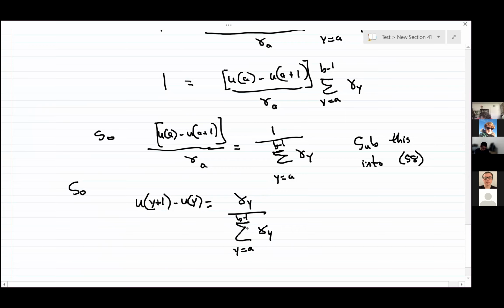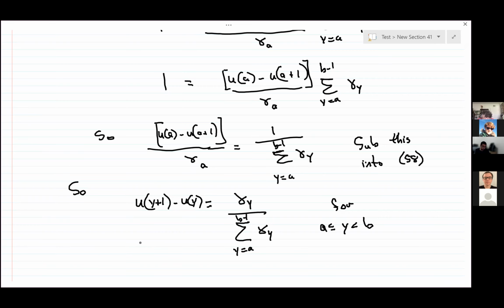And this holds for y greater than or equal to a and less than b. Okay, so basically we substitute this back into 58 and we get this equation. This is almost what we want.